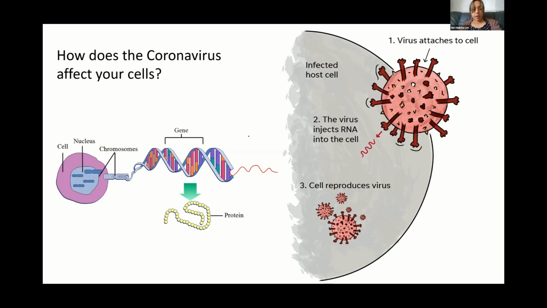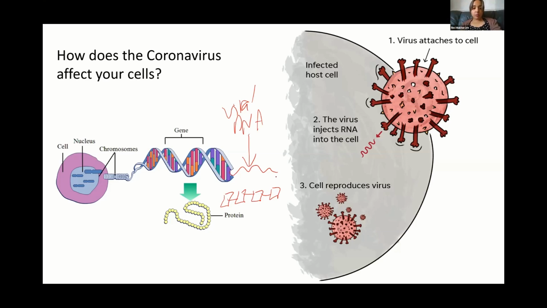When the virus inserts its own genetic material into our cells, our cells will also make proteins from the viral DNA, because unfortunately, our cell thinks that this new piece of DNA is part of its own DNA. Our cell can't tell the difference between its own DNA and viral DNA.